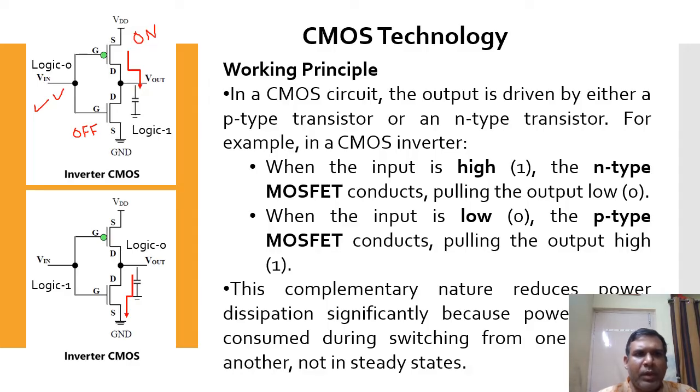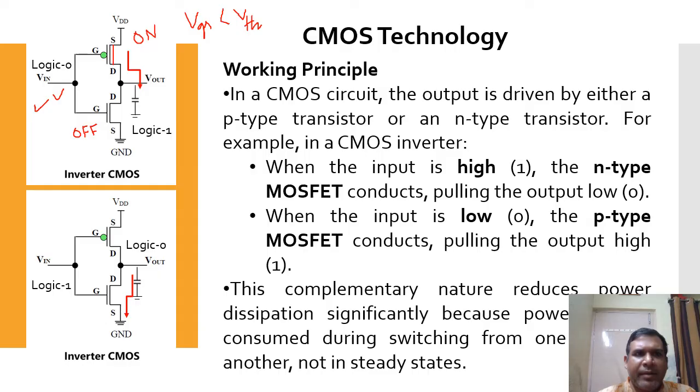If we look into the working principle of the P-type MOSFET, it creates a channel between the source and drain terminals, known as the inversion layer, when the gate to source voltage is less than the threshold voltage, meaning when the gate to source voltage or input voltage is a large negative voltage.